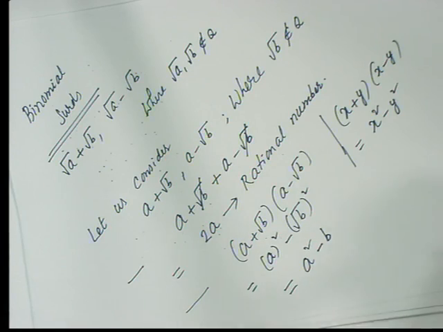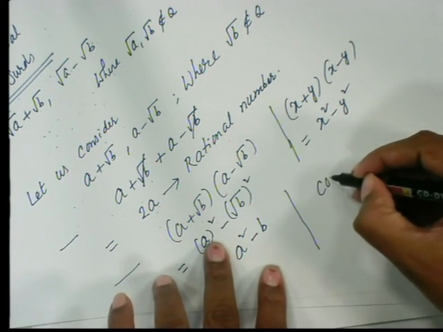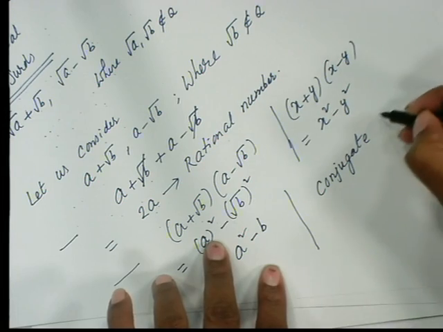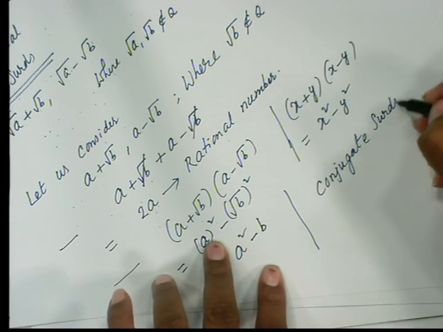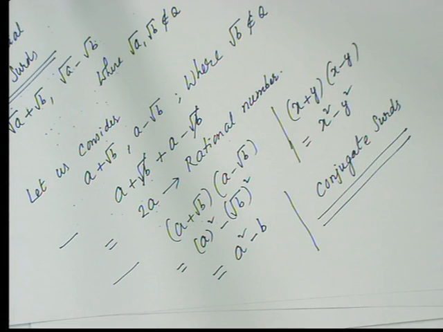So that means hereafter these two are called conjugate surds. This is very, very important. So what do we mean by conjugate surds?